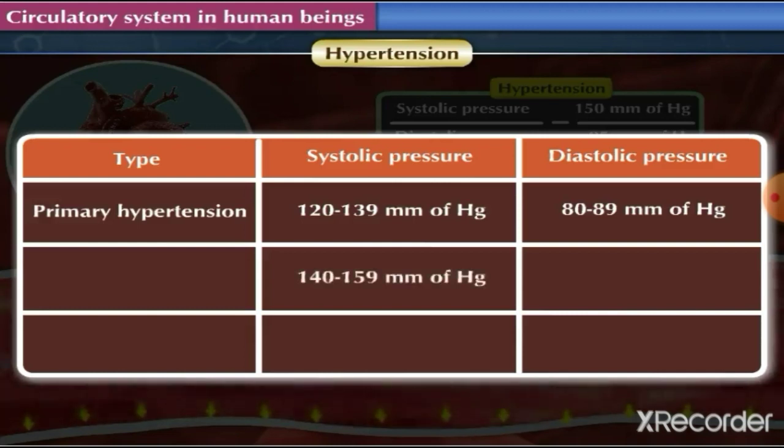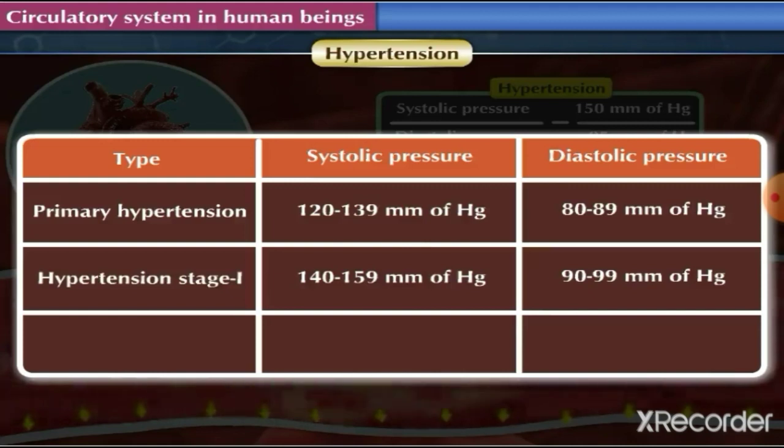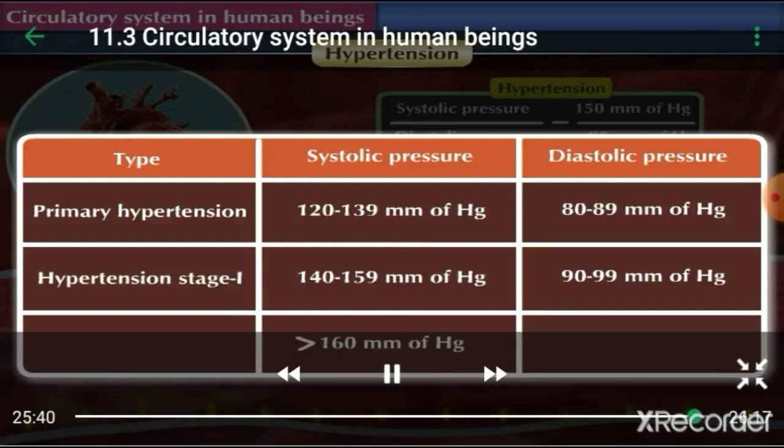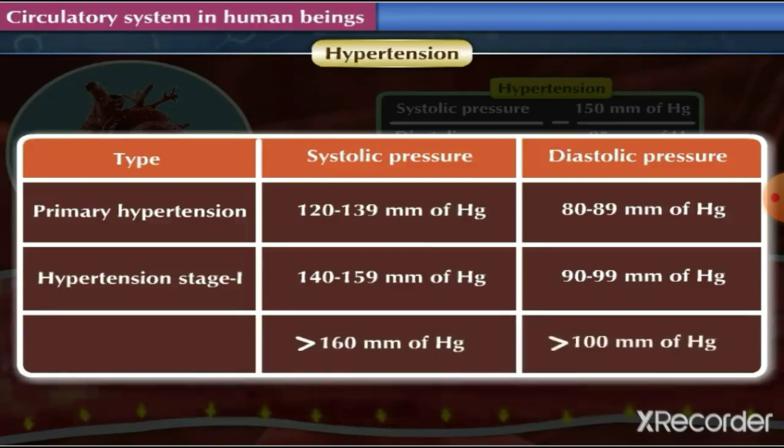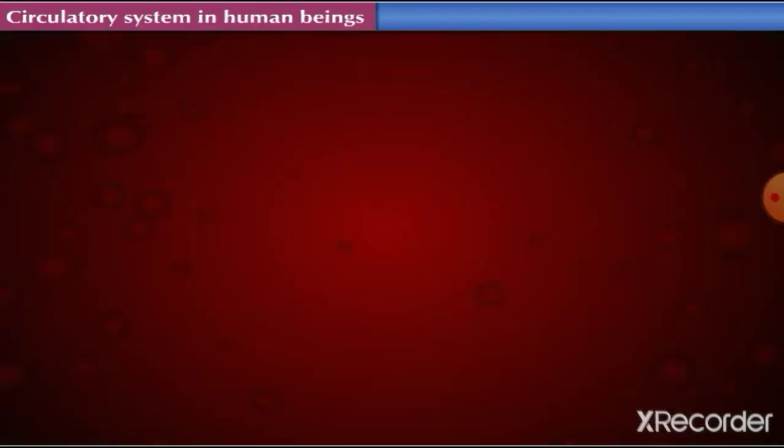When the systolic pressure is between 140 to 159 millimeter of mercury and the diastolic pressure is between 90 to 99 millimeter of mercury, then such type of hypertension is called hypertension stage 1. And when the systolic pressure measures more than 160 millimeter of mercury and the diastolic pressure measures more than 100 millimeter of mercury, then it is called hypertension stage 2.